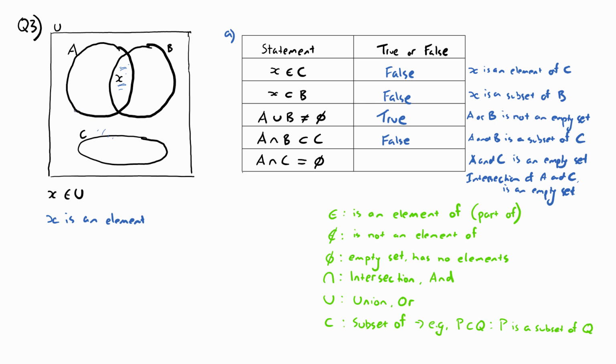If they did happen to cross over here, like that, and there was an element in here, then it wouldn't be an empty set. However, the intersection of these two, there are no elements within it. So this statement here is actually true. And there we have it. We have completed this statement table.